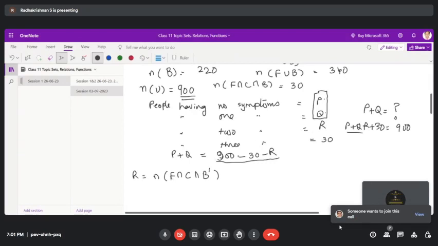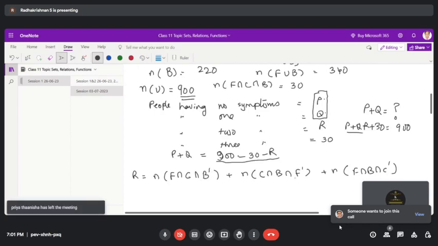So either they can have fever and cough, or cough and breathing but not fever, or fever and breathing but not cough. So R can be determined by this: F intersection C intersection B naught, and so on.